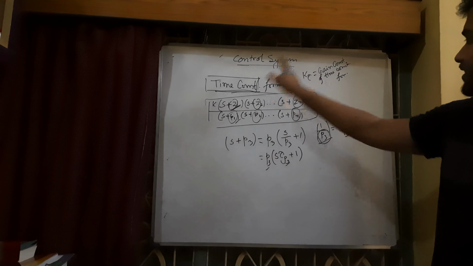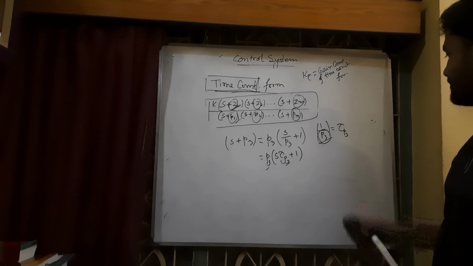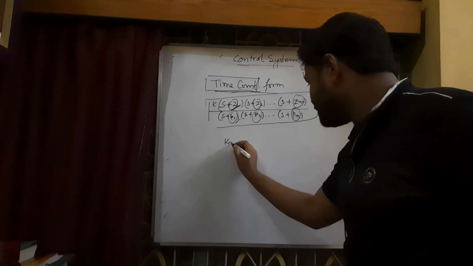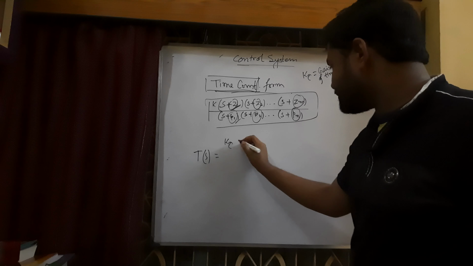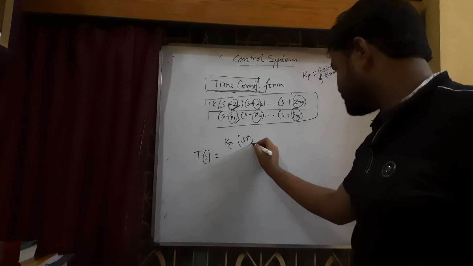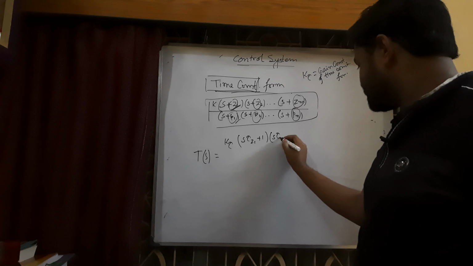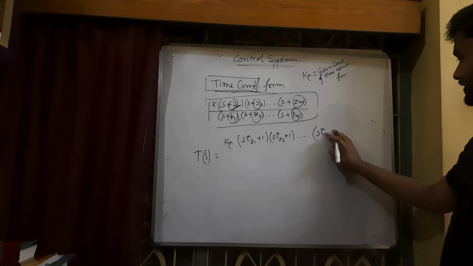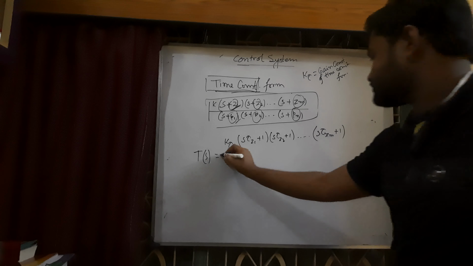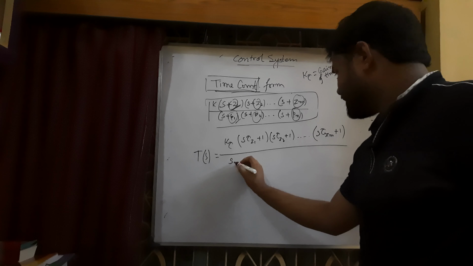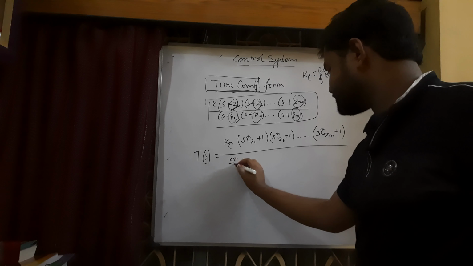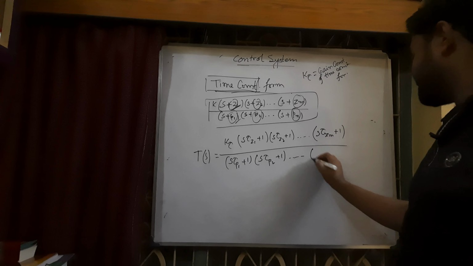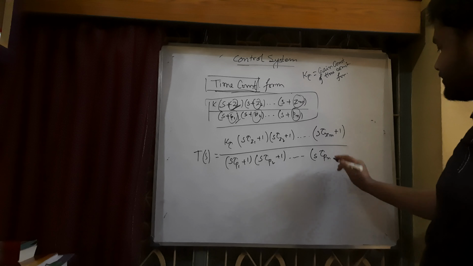Now we will denote another constant k tau, where all these common terms will be combined, and the transfer function will look like: T of s equals k tau, (s tau z1 plus 1)(s tau z2 plus 1) and so on up to (s tau zm plus 1), divided by (s tau p1 plus 1)(s tau p2 plus 1) up to (s tau pn plus 1).